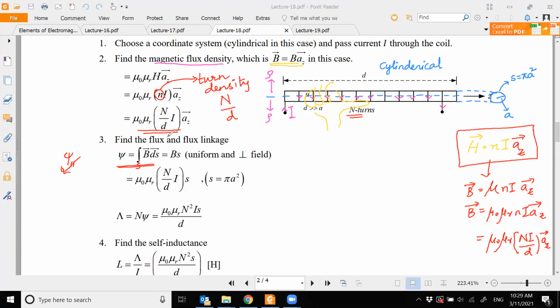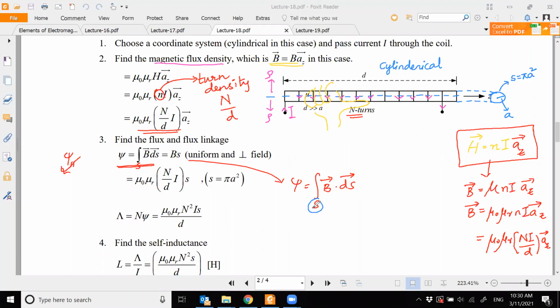Now, what will be this surface? Can anybody tell me? We are integrating through which surface?